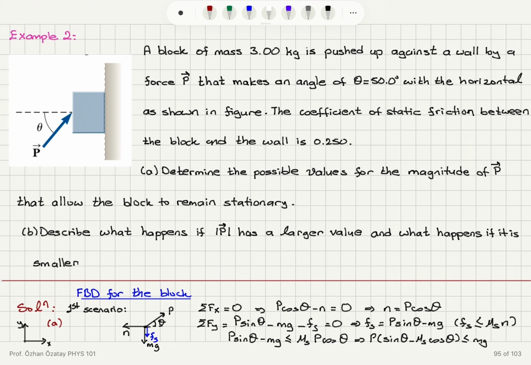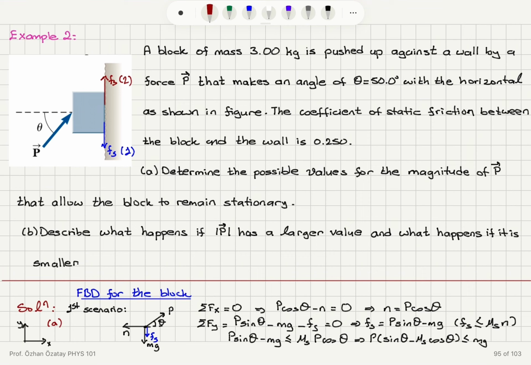And the second scenario where the friction force, static friction, points up. In the first scenario, I have P large enough to try to initiate this motion in the upward direction. In the second scenario, the weight is large enough trying to initiate the motion in the downward direction.